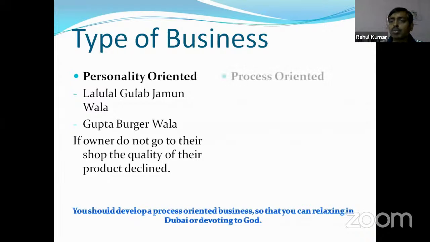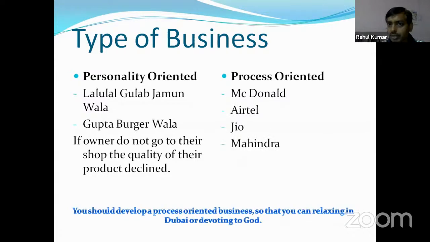The second one is process oriented. Examples of process oriented companies are McDonald's, Airtel, Jio, Mahindra, Tata. They build up their own process: how to do the work in the office, or how to build up the mechanism for HR, for purchase, for sales, for the production house, for the machining department.